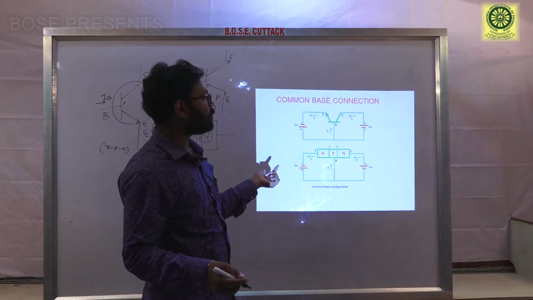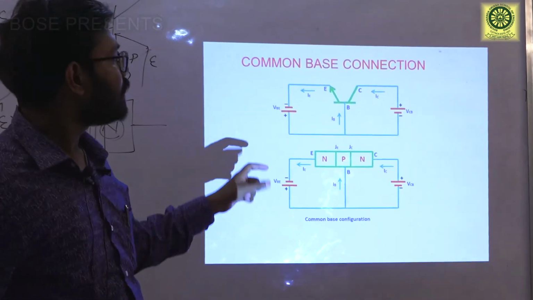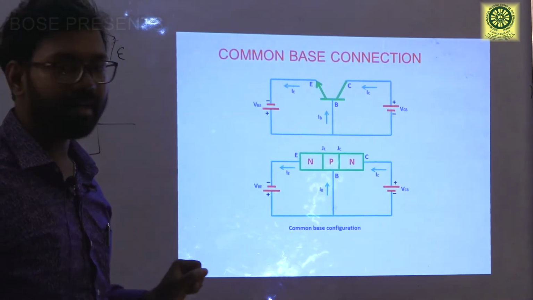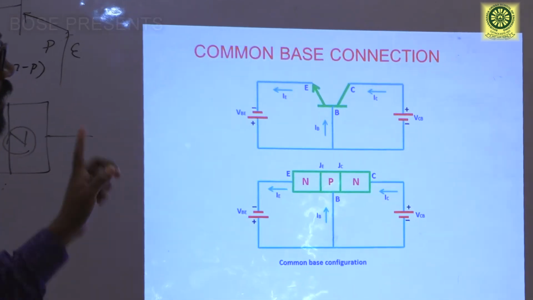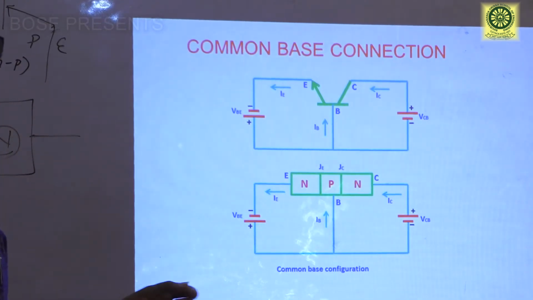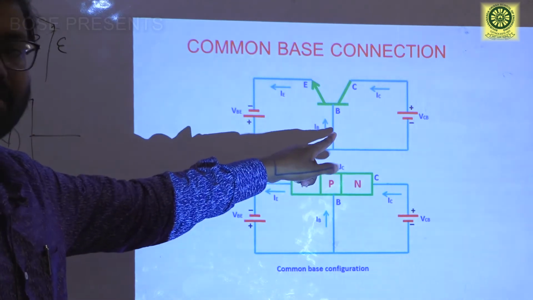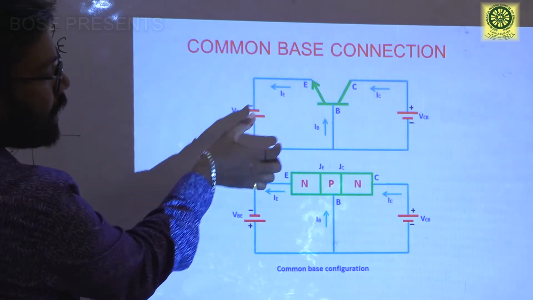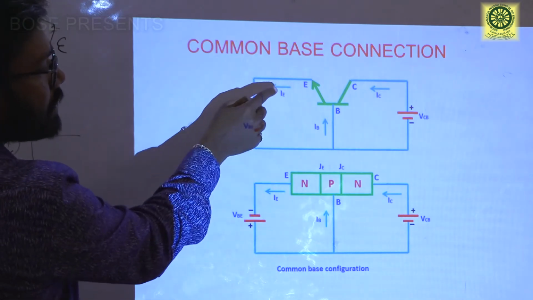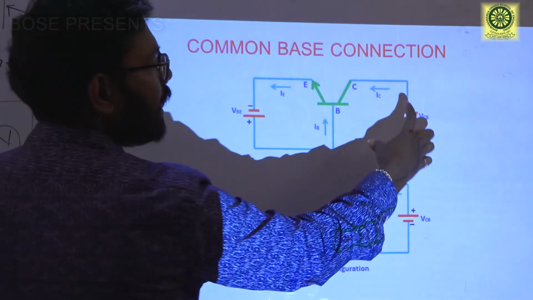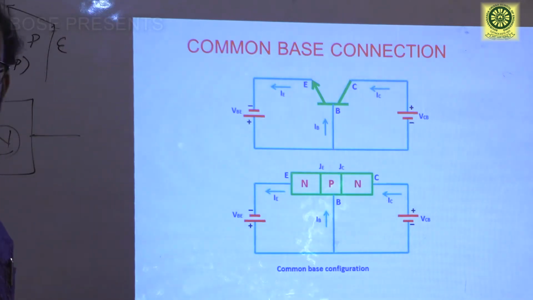In the case of common base configuration, here we have taken an NPN type transistor, we can also take a PNP type transistor. In this case the base terminal is common to both input and output. We have given the input at emitter and base, and at collector and base we have taken the output.